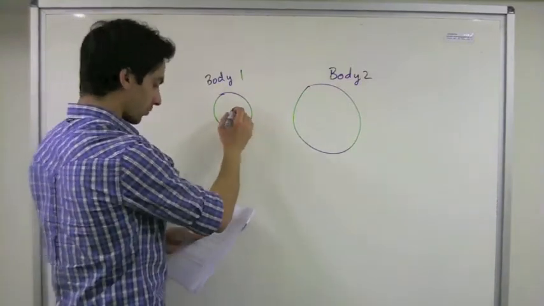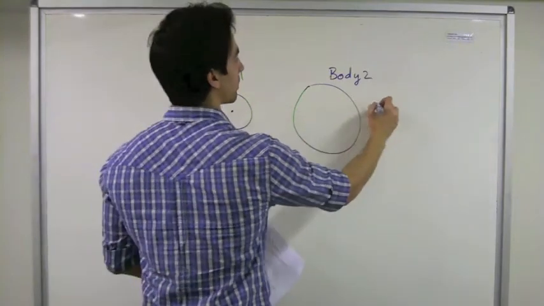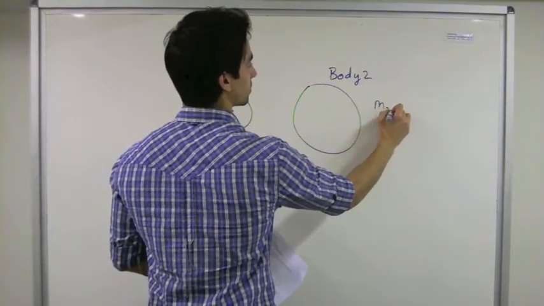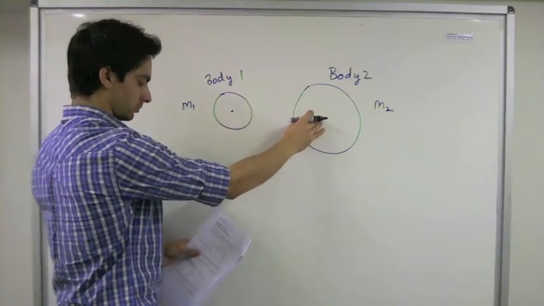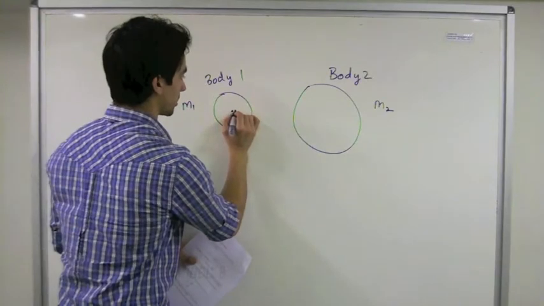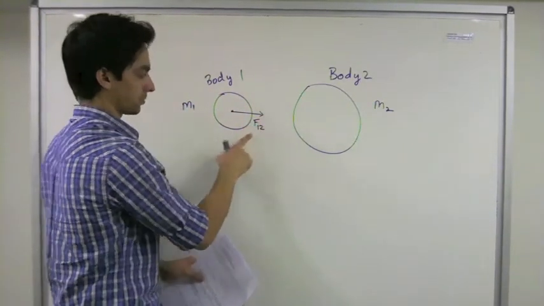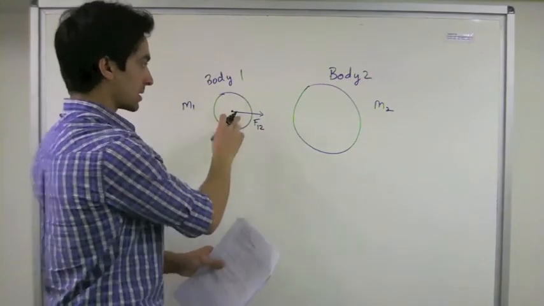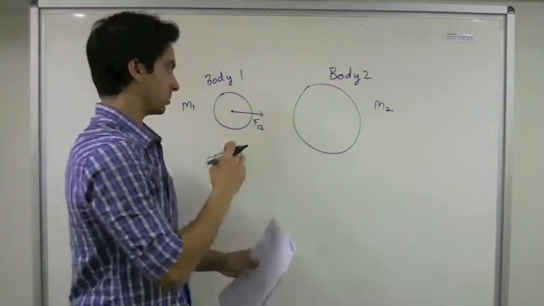So over here, let's say body 1 is of mass m1 and body 2 is of mass m2. So body 2 will exert a force on body 1. So force exerted on body 1 due to body 2. Okay. So this is the gravitational force, and it is always an attractive force.